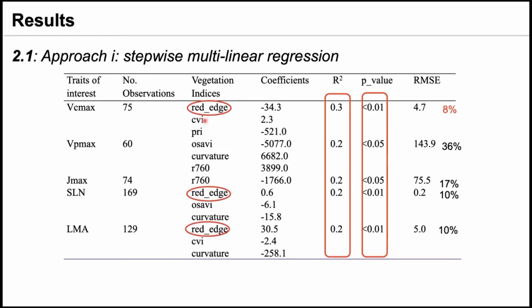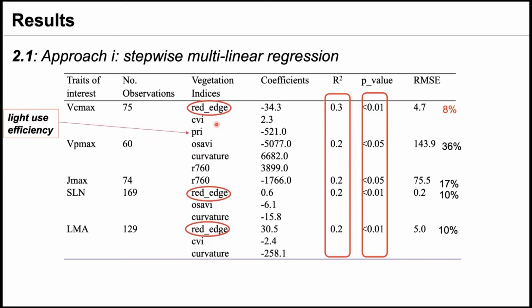And then by looking at the predictors for each trait, red edge was highlighted in the predictors captured by the best models for predicting traits of interest, suggesting its high association with photosynthesis in sorghum.